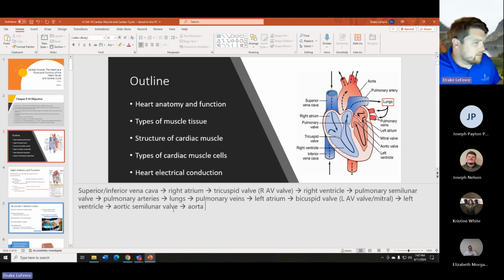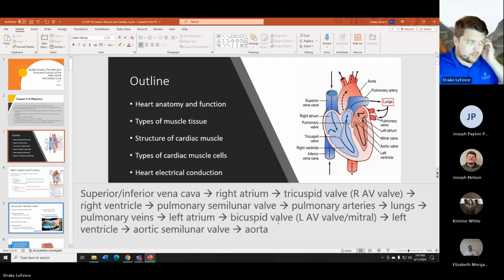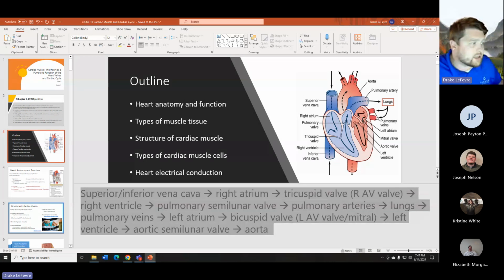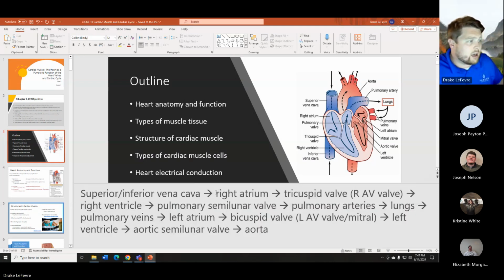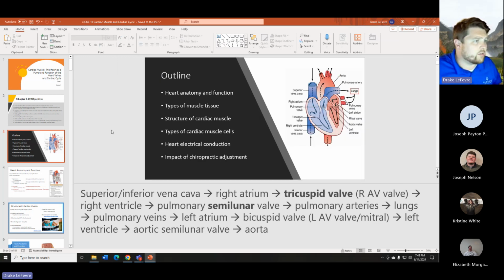Any burning questions about this whole order of things? Okay, cool. Understanding this whole process, specifically the order and the valve names, which ones are semilunar valves versus which ones are the cuspid valves, is extremely important for later on, for understanding the whole pathway.